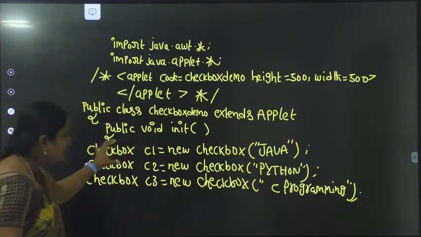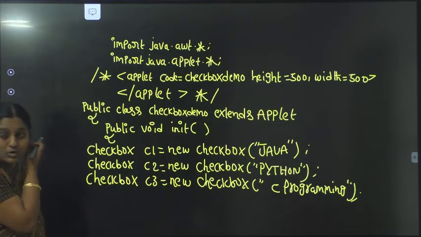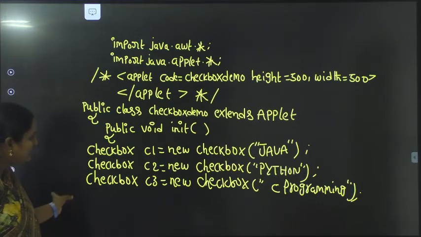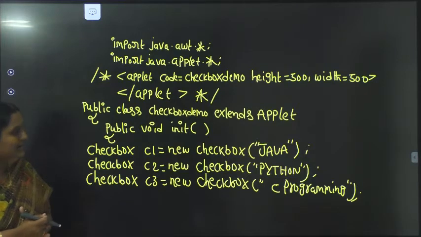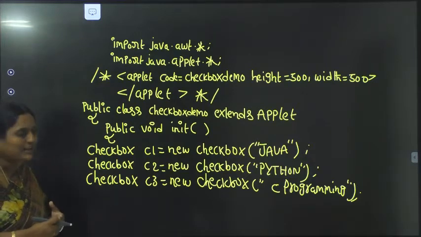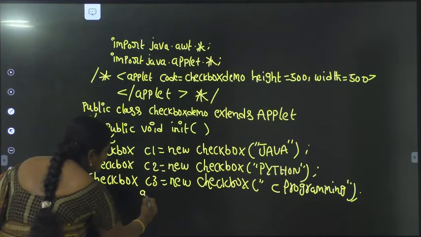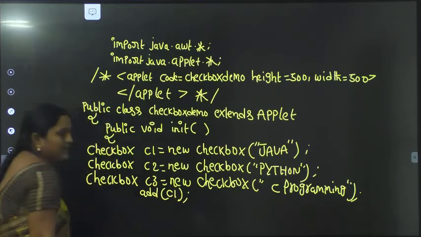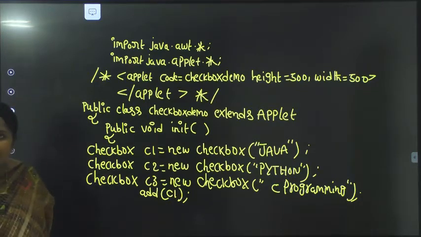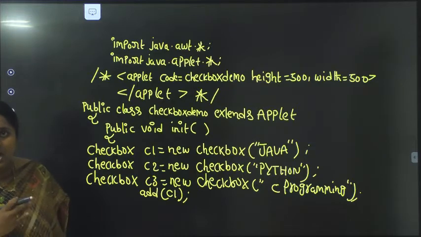So after writing these three statements, we have to add these three components to our container. What is the syntax of adding components to the container? By using the add method. What is a container? It is a place where we can add components. It is like a screen where we are placing the components.